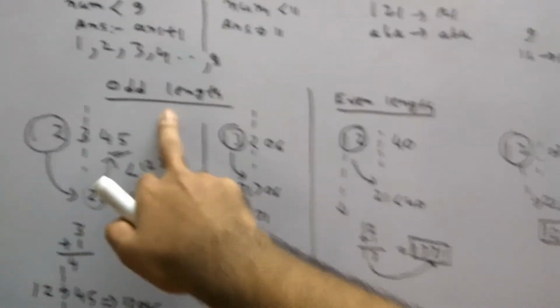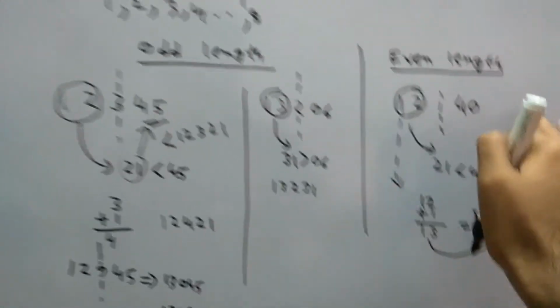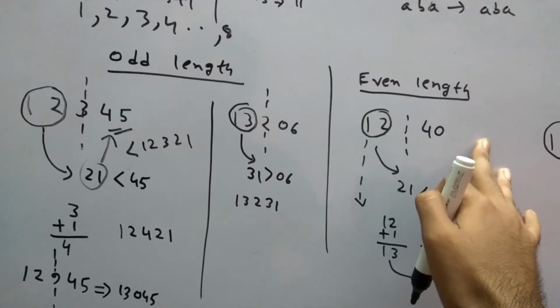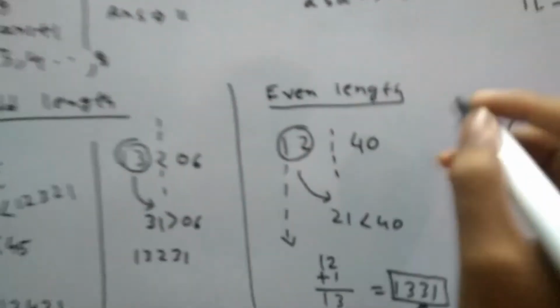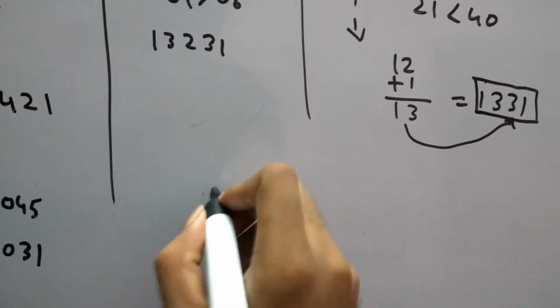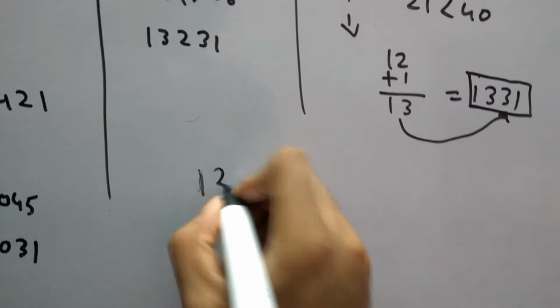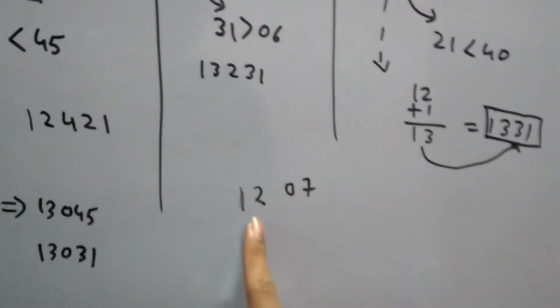now coming to the next part. The given input can be either odd length or even length. Let me give you an example of how we can think of converting a number to its next palindrome. Let's suppose the input is 1207.